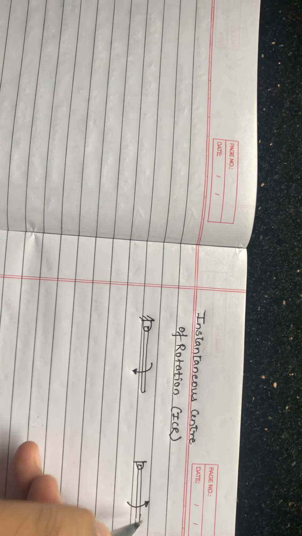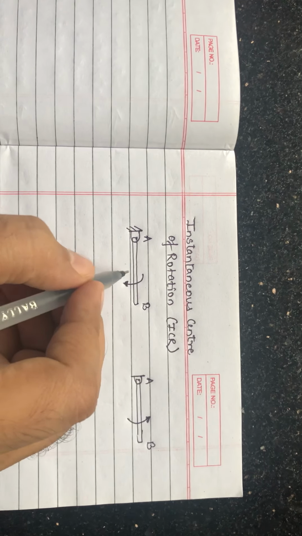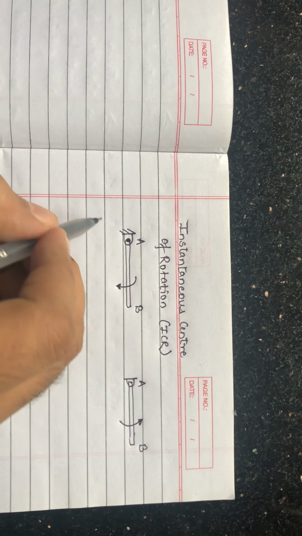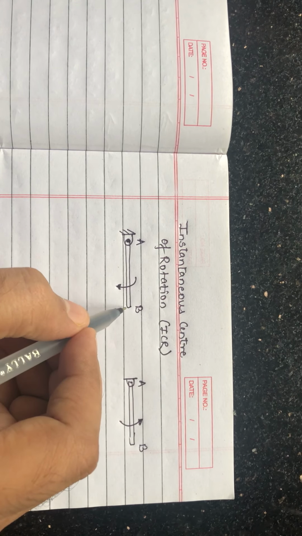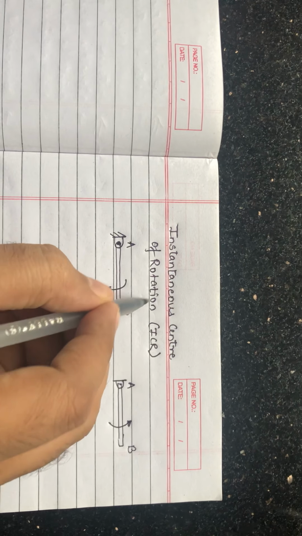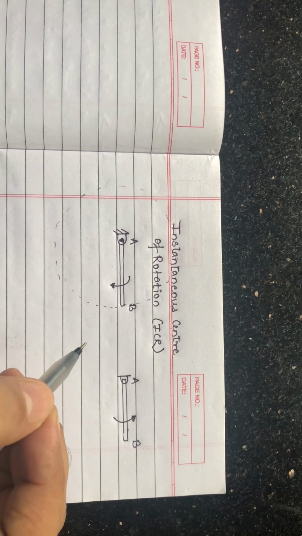Let's take this point as A, this point as B, this as A, and this as B. If this rod is rotating about point A, then the point B will form a locus, and it will create a circle.